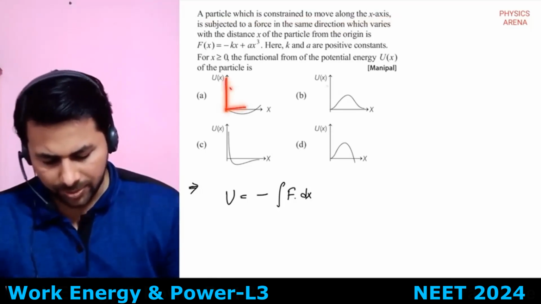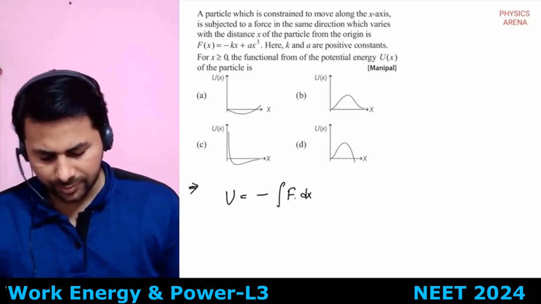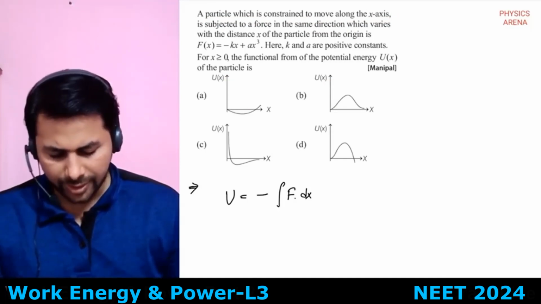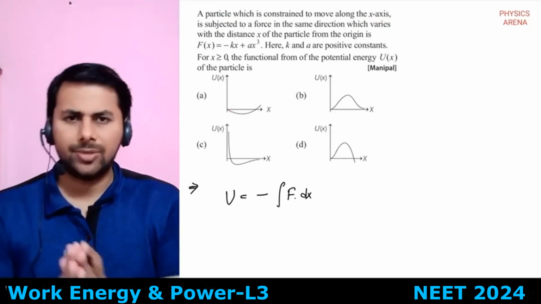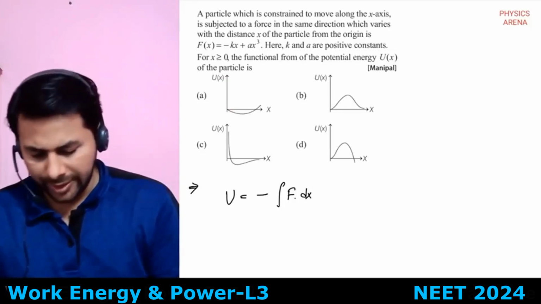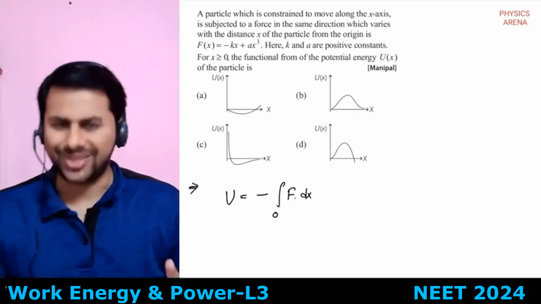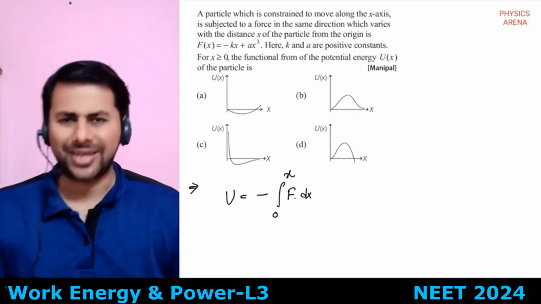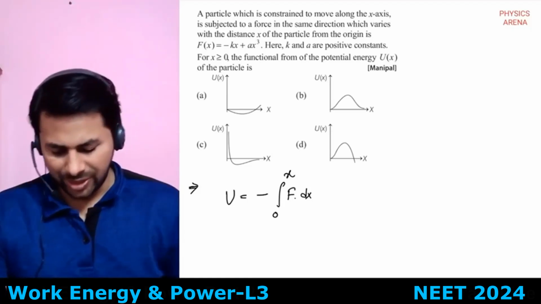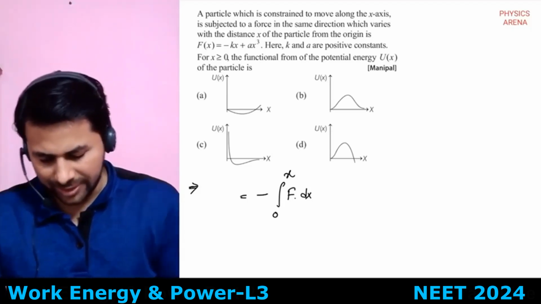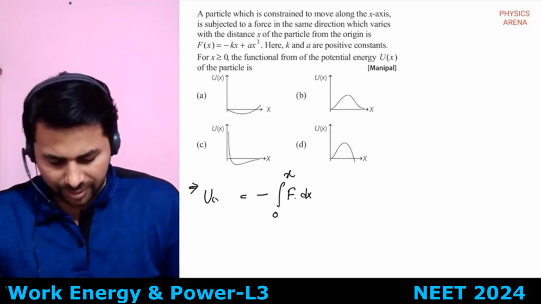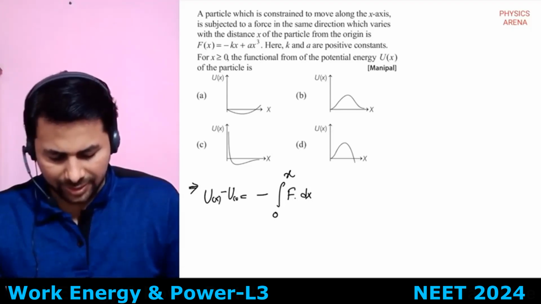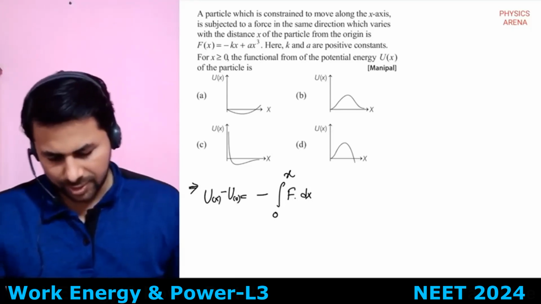And in all the options, positions are changing from 0 onwards. So we'll take the integral from 0 to x. It will be potential energy at point x minus potential energy at 0.